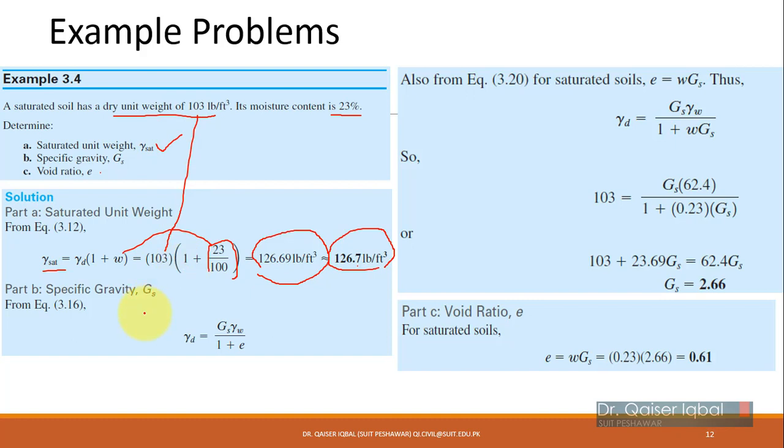Now the next is specific gravity. For specific gravity, we will use the relation between the dry density, specific gravity, and void ratio.